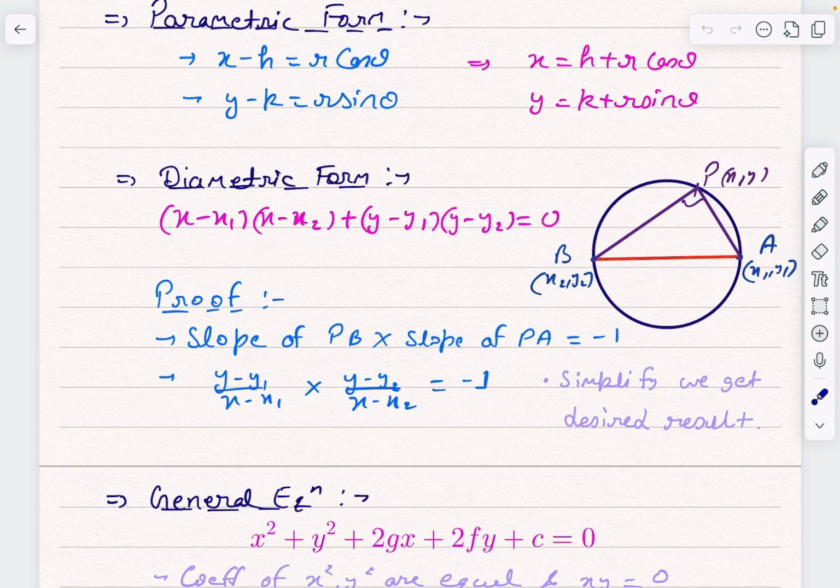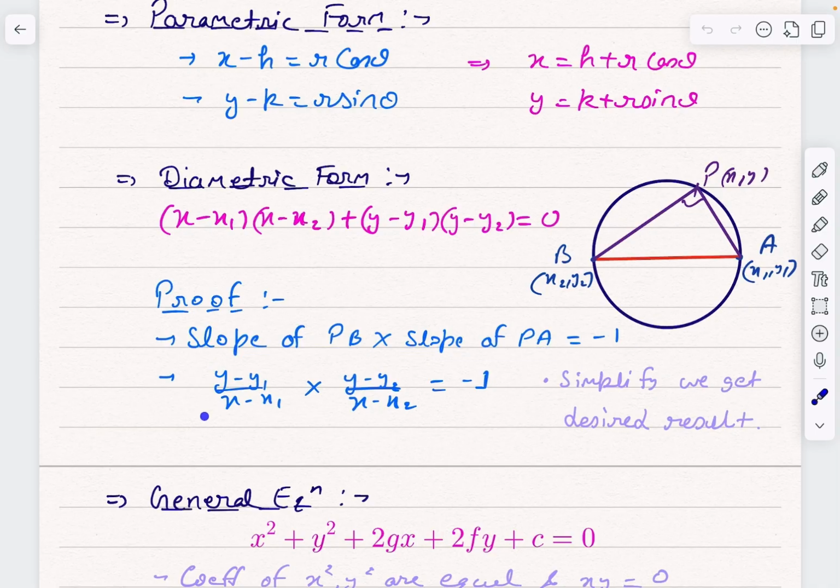How do we prove this thing? Let us say P is some point on the circle. Now you know the angle subtended in a semicircle is a right angle. So this angle APB will be 90 degrees. So if this angle is 90, we can say the slope of PB into the slope of PA will be equal to minus 1 because the lines are perpendicular.